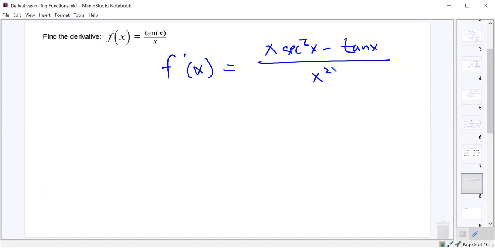No simplification needed there. That is our answer. Any questions? Everybody good?